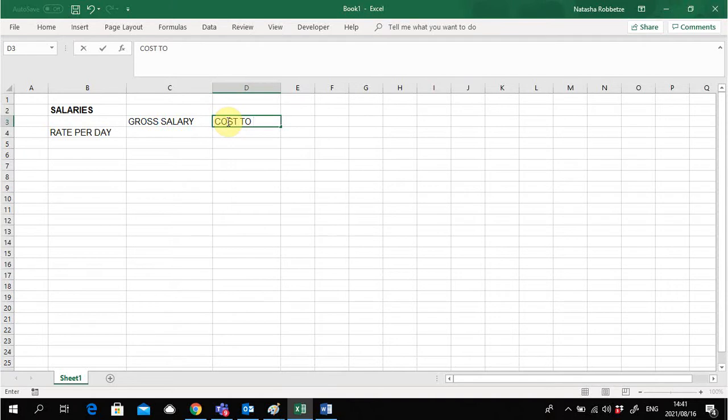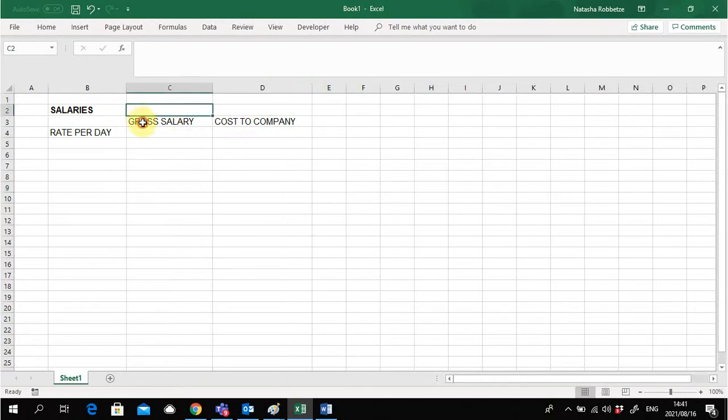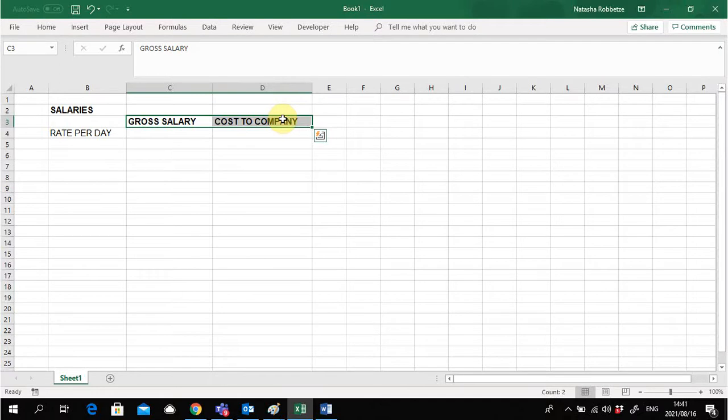And in this instance, we will calculate both because there are employees who are resigning, and therefore we need to use a different rate. In terms of the rate per day, we're going to say for gross salary, if I look at the amount given in the question, the gross salary was 180,000 Rand a year, and they tell me in one of the final lines that there's 260 working days.